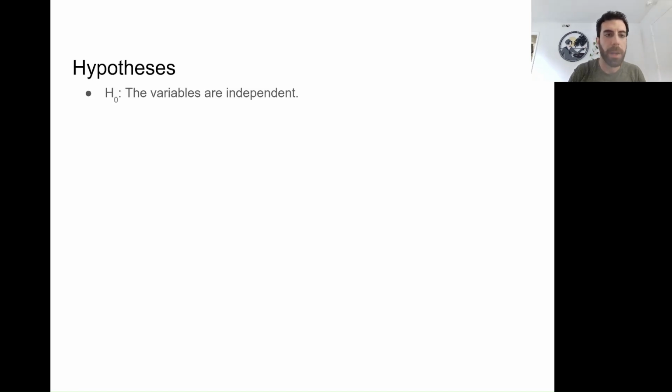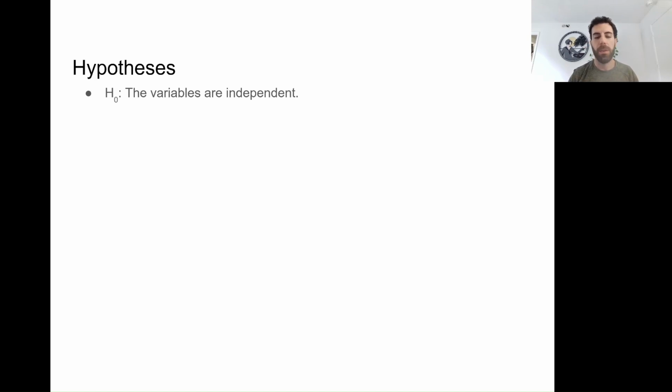Okay, so let's talk about the hypotheses here. So under the null, the variables are independent. That's the assumption you're making. This is another scenario, just like the alternative hypothesis when we covered ANOVA, that you just say not H sub 0 and you don't need to use mathematical notation, although some of you did, and that's fine.